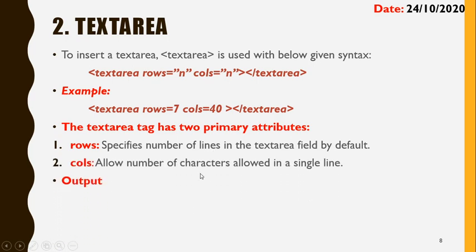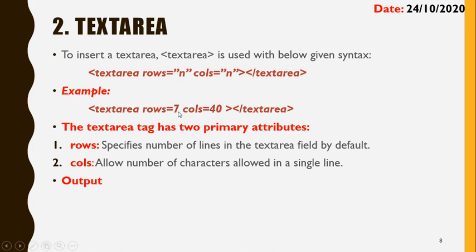So the textarea has two primary attributes, rows and columns. Rows specify the number of lines of the textarea field by default. How many lines of text you want to enter, you have to mention here. If you are going to enter 7 lines of text, and the columns mean the number of characters allowed in a single row. So columns means in a single row how many characters you want to enter, that you have to mention here.